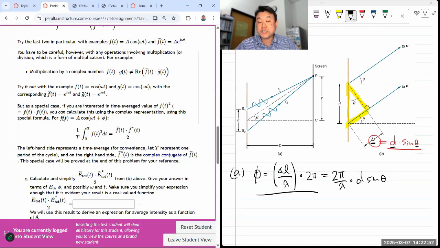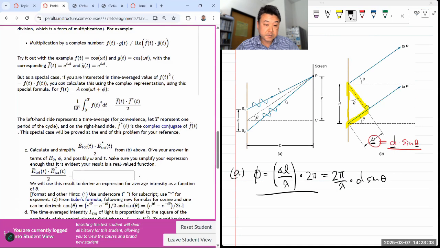For a generic oscillatory function f of t, amplitude times cosine of omega t plus some phase factor, the time average is going to be, and I think I did this in lecture, how to simplify cosine squared of omega t, use the power reducing formula, and when you do that, you get an expression that's going to be I think a squared divided by 2. And you can get that exact same expression using this version on the right-hand side. It's something you can prove for oscillatory functions that go as e to the i omega t.